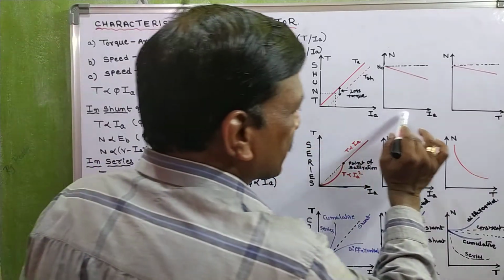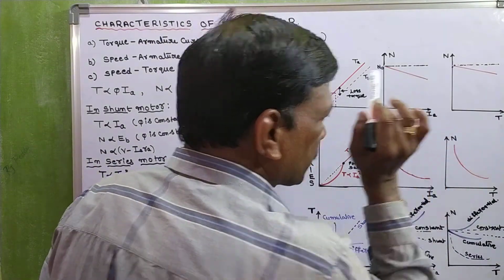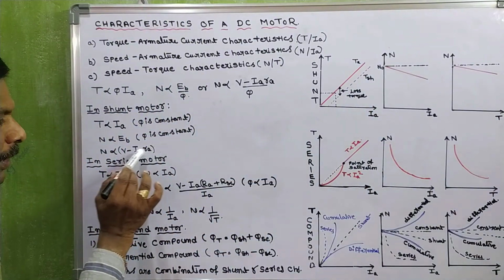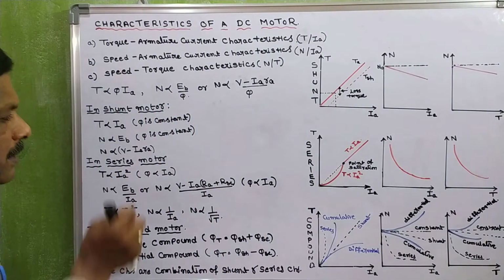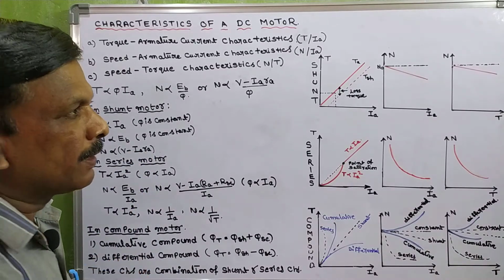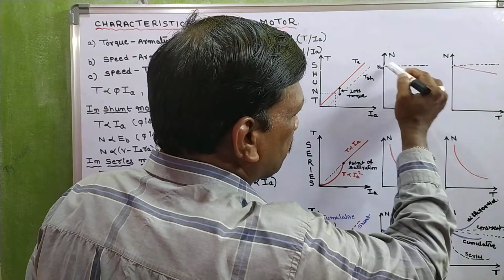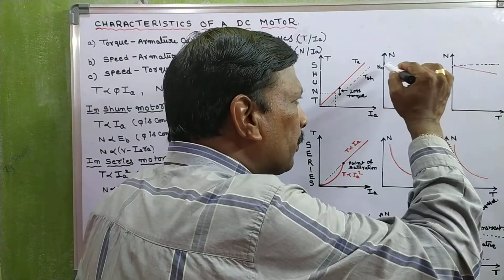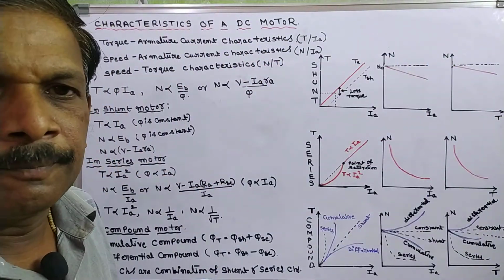When load increases, armature current increases, and the Ia RA drop also increases. But this drop is very small. That's why the drooping of speed is also small, a small droop in the speed.